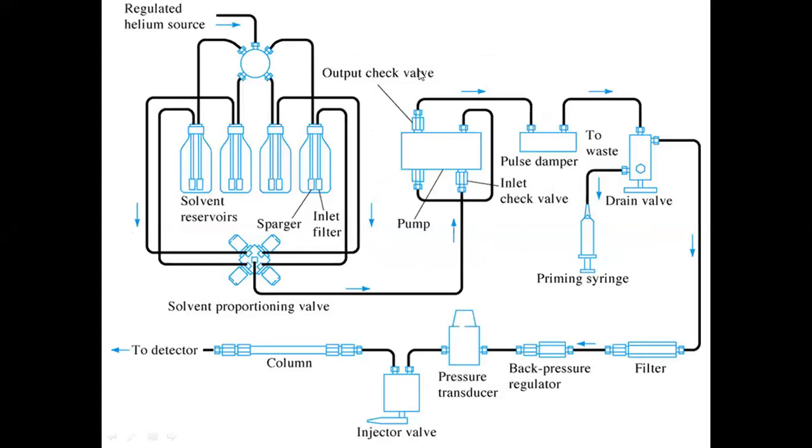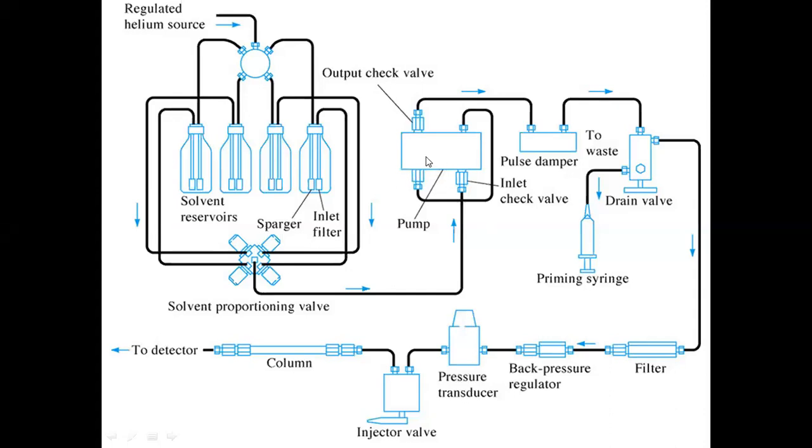This is the cross-sectional view of the HPLC chromatograph. You can see there are a number of solvent reservoirs present here. Solvent reservoir 1, 2, 3, 4. And these solvent reservoirs have been connected to the pump, which is present here.